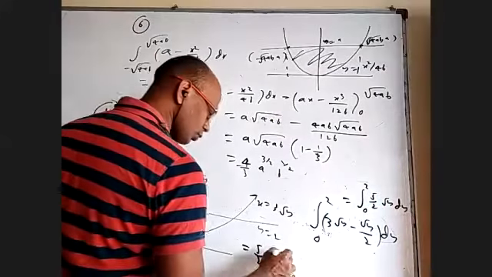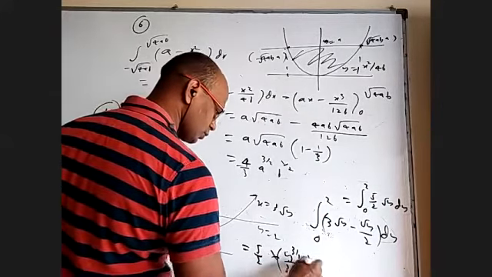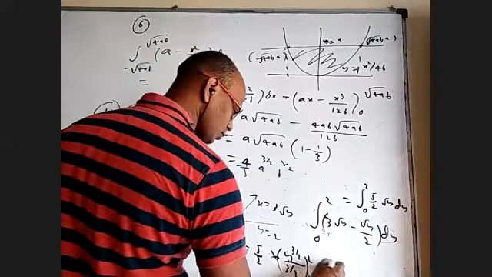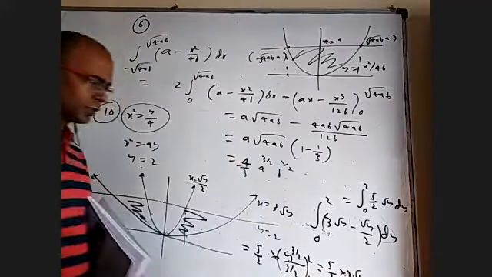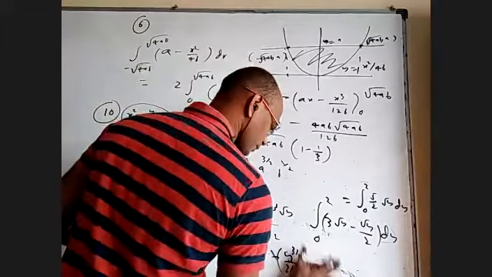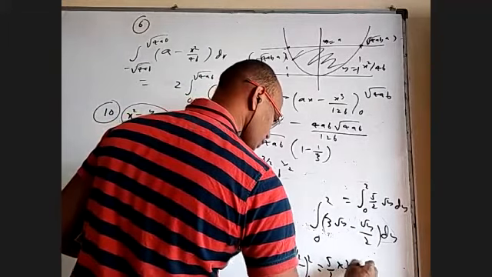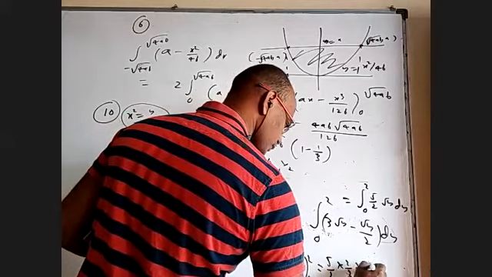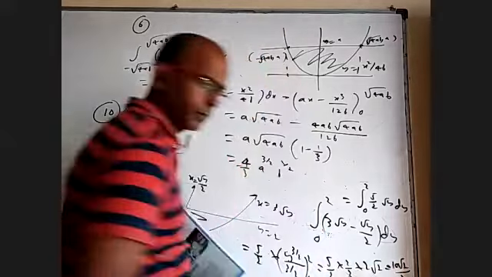So 5 by 2 into root y integral is y power 3 by 2 by 3 by 2, with 0 to 2. This will become 2 by 3. So 5 by 3 into 2 root 2. So it should come 10 root 2 by 3.